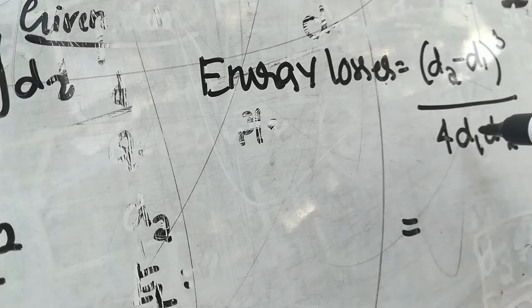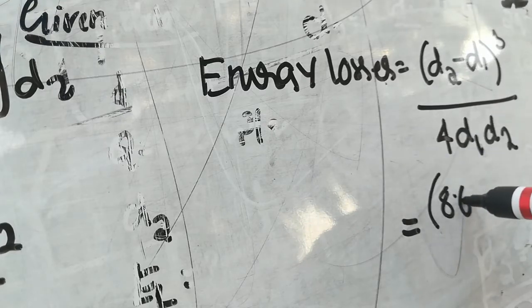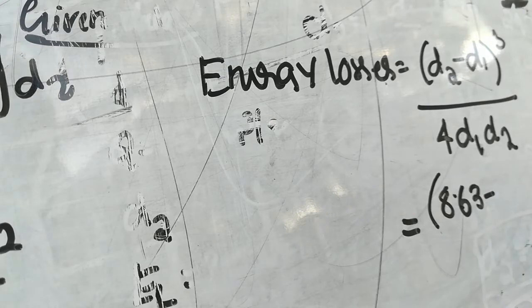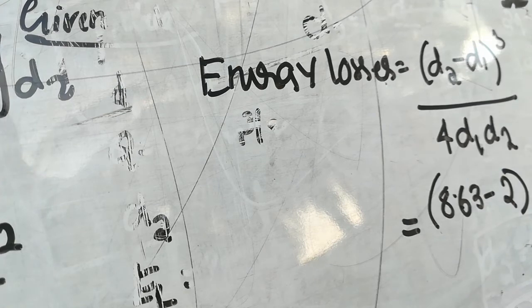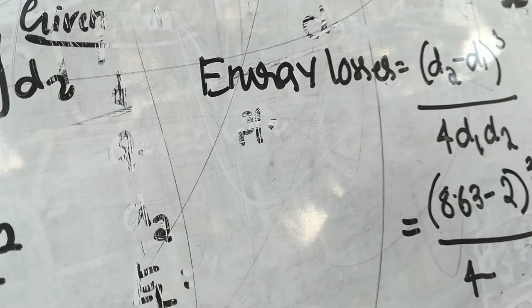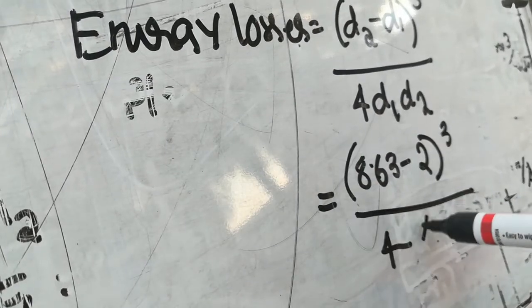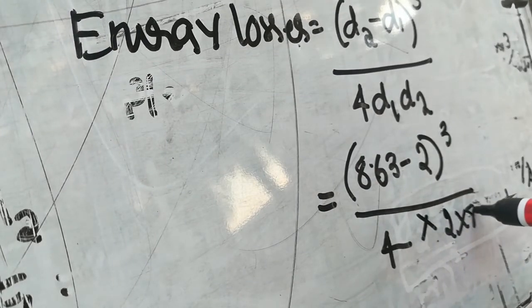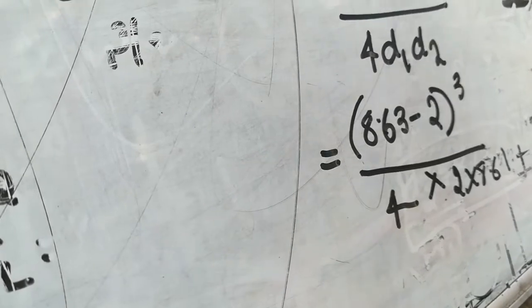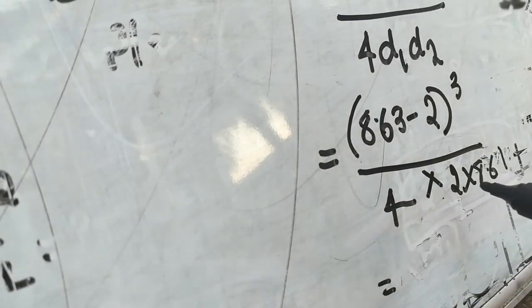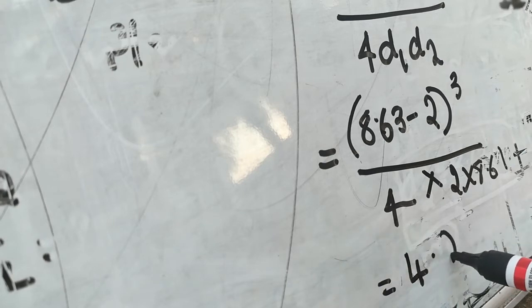So the answer is 8.63 minus 2 whole cubed divided by 4 into 2 into 8.63.